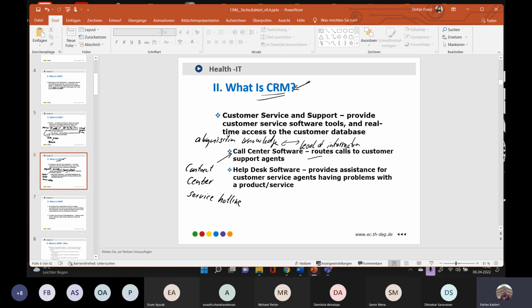Also, I can click call back, and if I call them back, they have all the information at hand. They know which car I have, which problem I have, and they can read out which problems I had in the past. For instance, if I have certain problems in my steering module of the car, they would know it prior to the event. So this is when you have advanced CRM software in place.